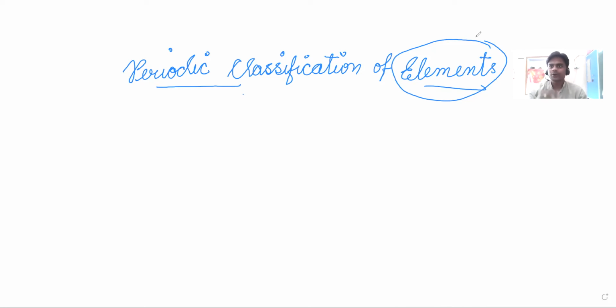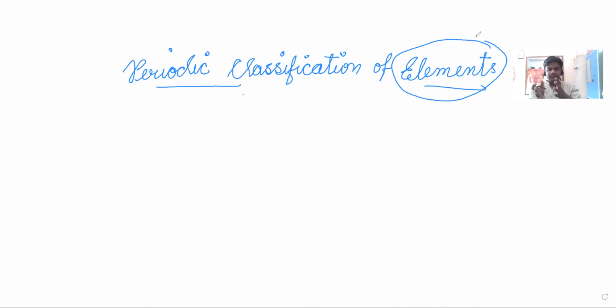According to the modern periodic table, we now have 118 elements. If we do not classify the elements in groups, subgroups or periods, then it is very difficult to learn the elements' names and their properties.